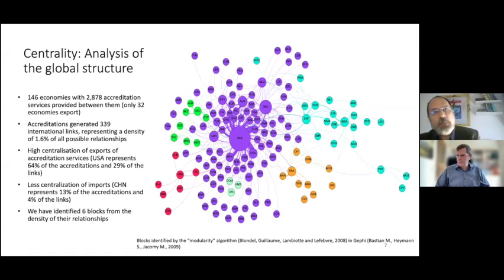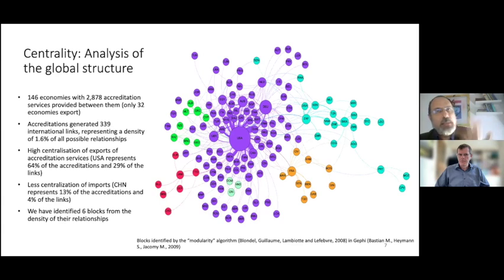In third place, we have applied an algorithm that's available in one of the software packages that were mentioned that allows us to identify blocks or regions within the network. This heuristic method is an iterative process that is repeated until we get optimum results, that would be, in this case, the situation where we maximize the relationships within each block and minimize the relationships with the other partitions.